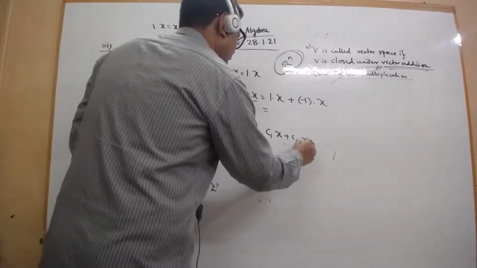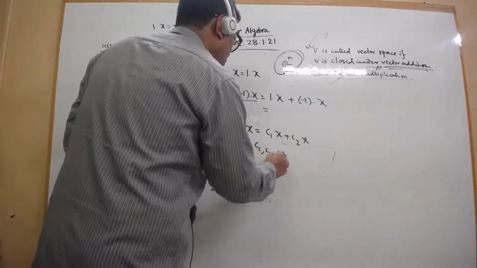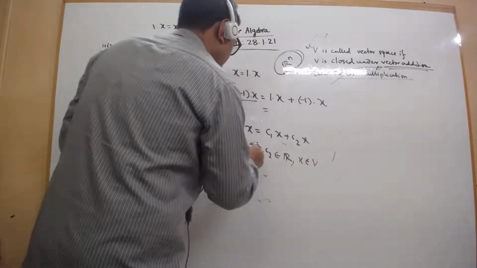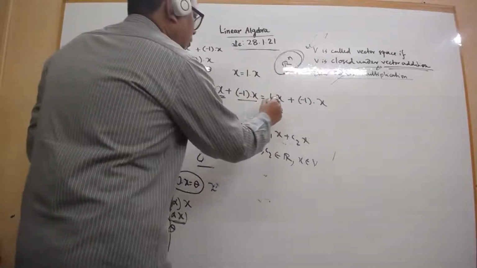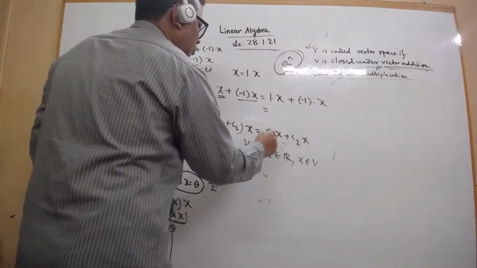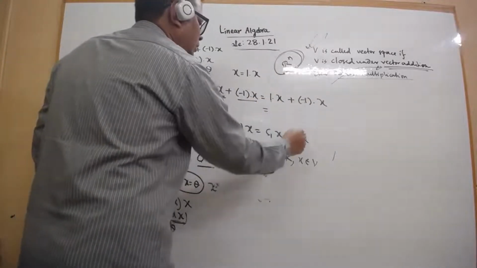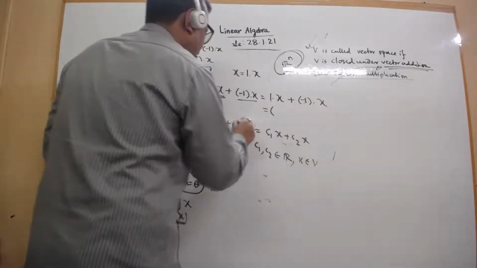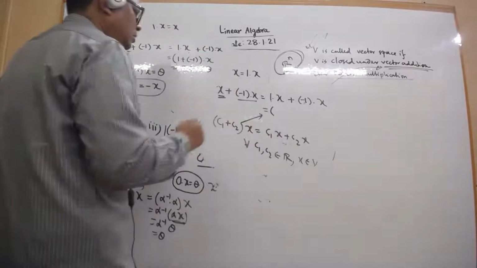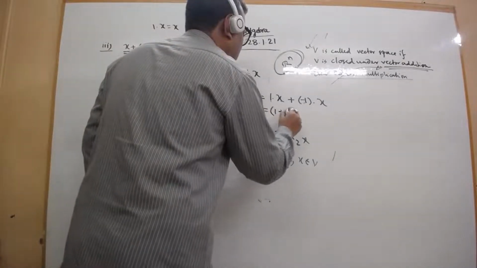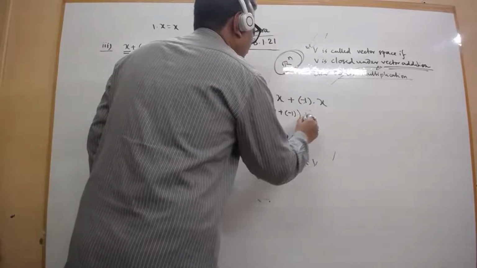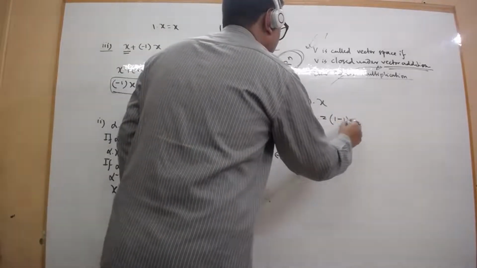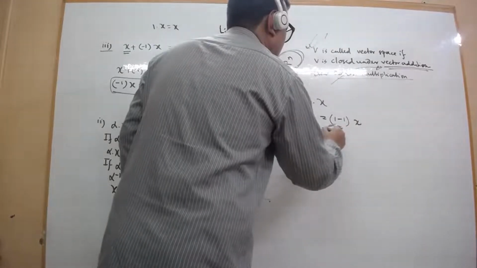So again we know C1, C2, I think this axiom number 8th or 7th is mentioned this thing here. C1x, C2x, where C1, C2 belonging to R, x belonging to V. So 1 and minus 1, 1 is a C1 here and minus 1 C2, and x belonging to V. Then from these axioms, I write 1 plus minus 1 x, and this is 1 minus 1 x.